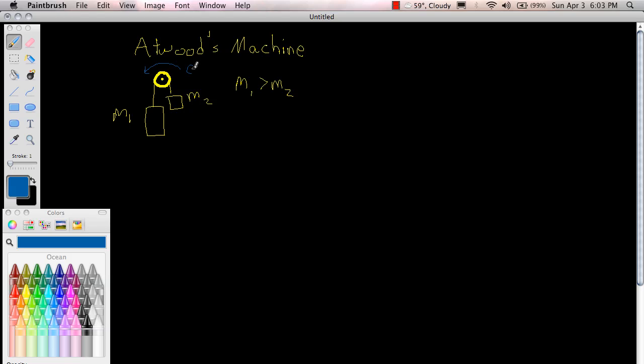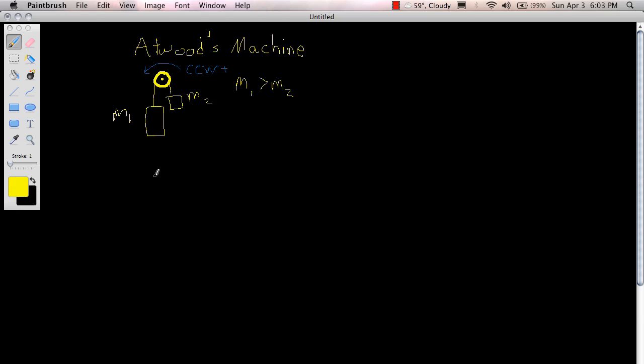And for the sake of having a positive and negative direction, counterclockwise is positive. Now that might not necessarily be intuitive, but I believe it's the easiest way to solve these types of problems, and I'll elaborate on that a bit in a second.